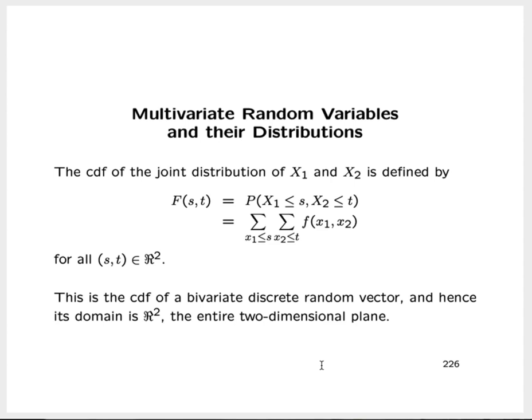The CDF of the joint distribution of X1 and X2 is conceptually similar to the CDF of a univariate random variable.